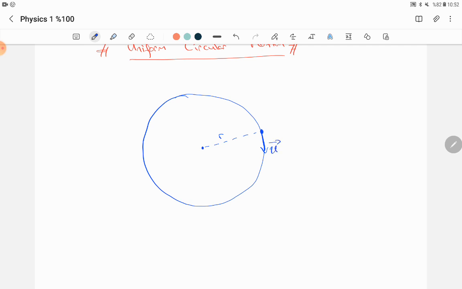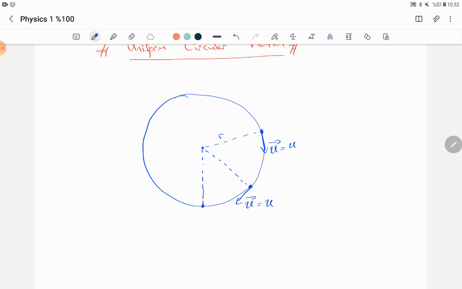We know velocity is a vector, and this velocity's value is stable. It is not changing time by time, and its intensity is constant.